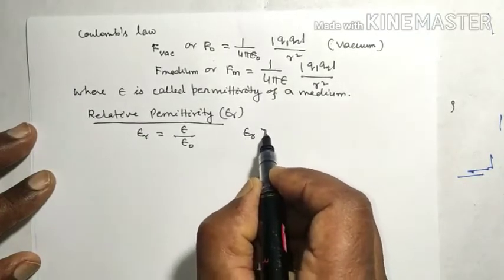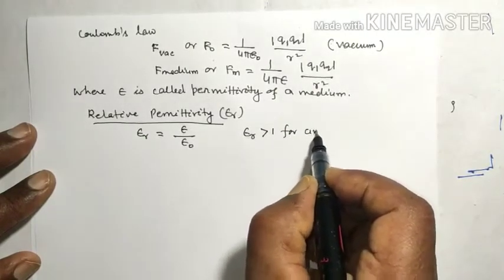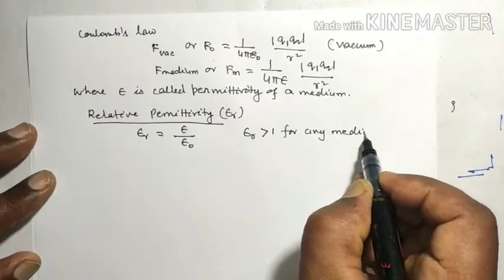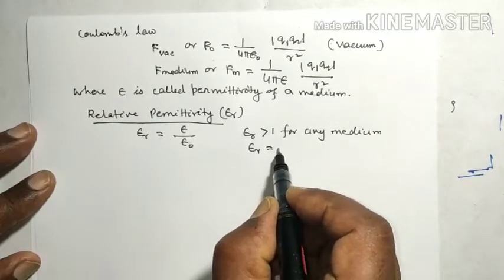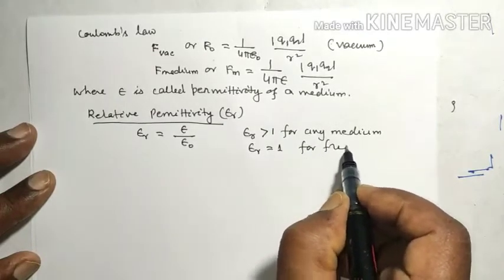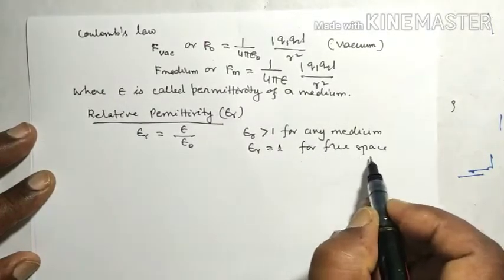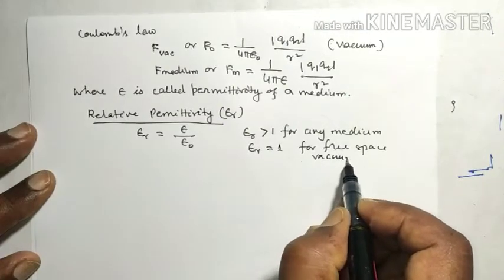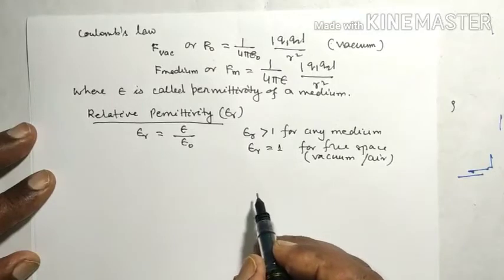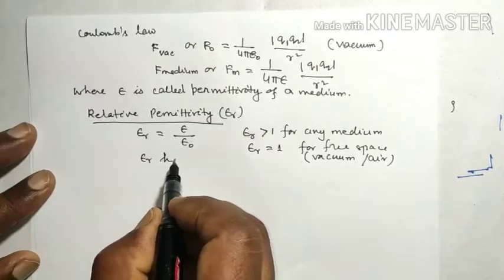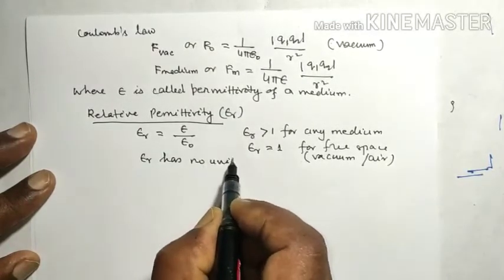Epsilon r is always greater than 1 for any medium other than free space. For free space, vacuum or air, epsilon r is equal to 1. Epsilon r has no unit.